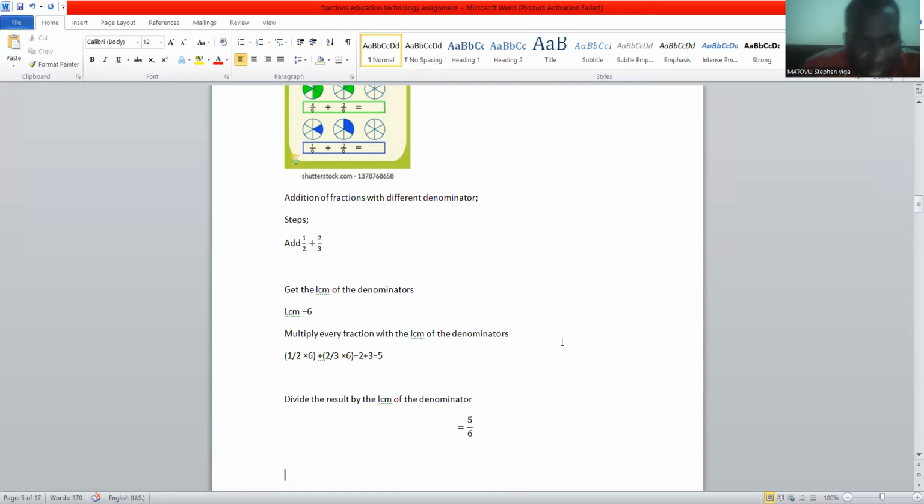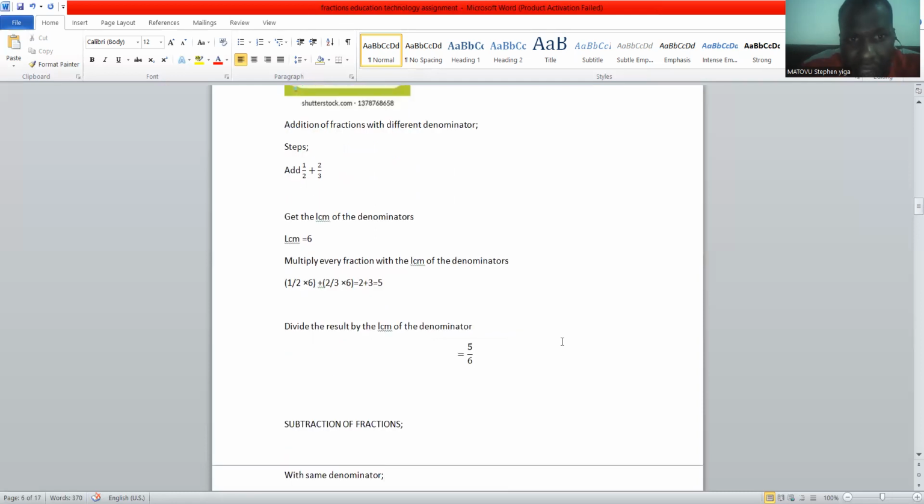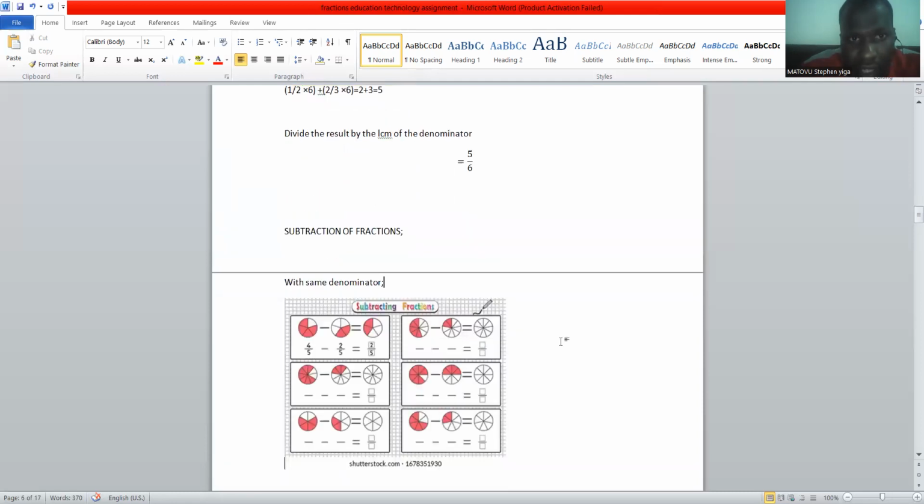This is what I did: a half times 6 plus 2 out of 3 times 6. Mind you, we are leaving the operation as it is, since the operation was an addition. When you do this, you get 2 plus 3 equaling 5. Then divide the result by the LCM of the denominators. That's why we get 5 out of 6.